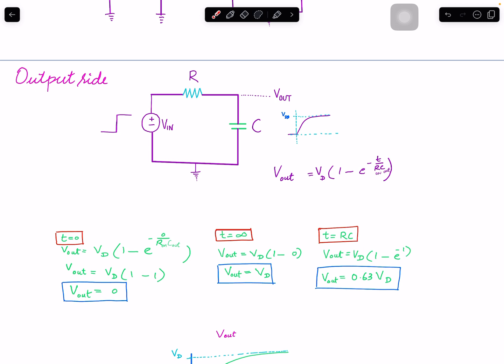What are you getting from this one? What you're getting is this R and C component: if you make it smaller, the output will reach VDD, or this point, earlier.